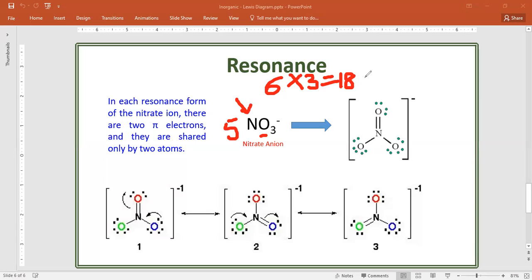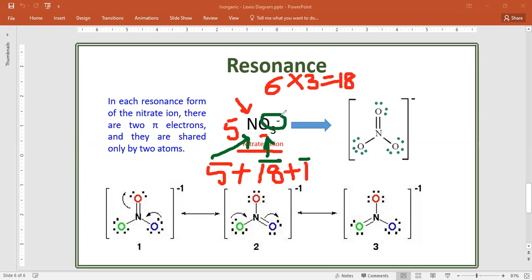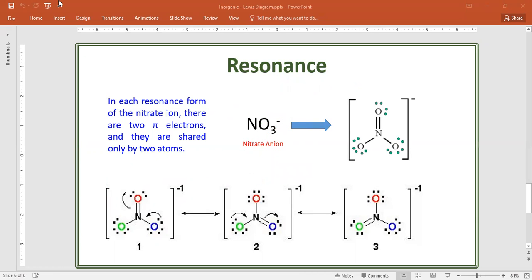So the total number of valence electrons for the nitrate anion is 5 plus 18 plus 1. The 5 is for the nitrogen, 18 is for the 3 oxygens, and 1 is for the negative charge. So the total is 24.